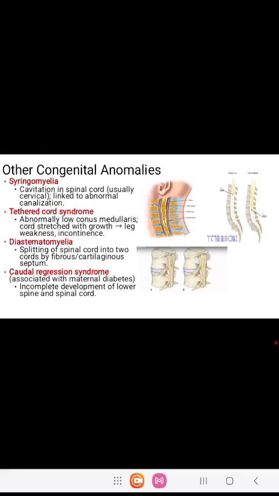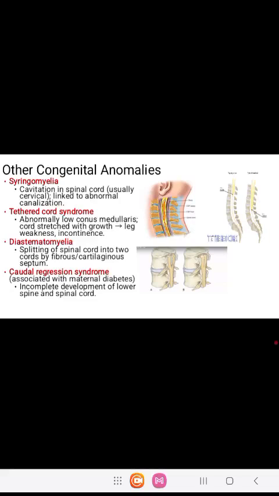We have the tethered cord syndrome, which arises as a result of a shorter cord or an abnormally low conus medullaris. Conus medullaris is that cone-shaped region that forms at the inferior part of the spinal cord.